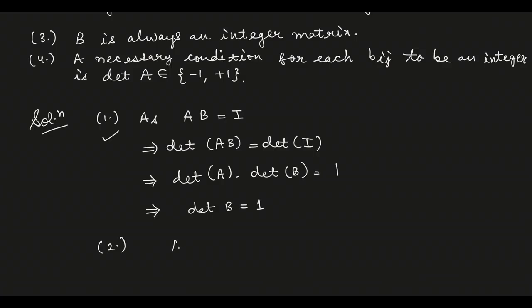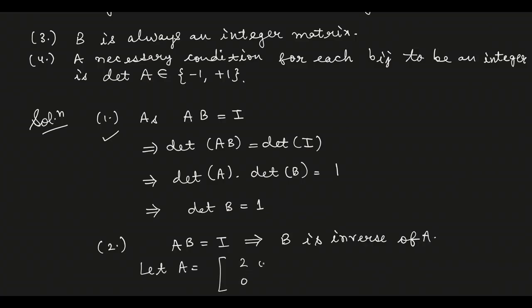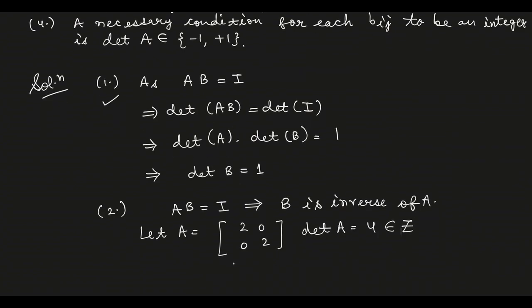It is given that AB is equal to identity. This means that B is the inverse of A. So if I take A as [[2,0],[0,2]], then determinant of A is 4, which belongs to integers. But what will be B?